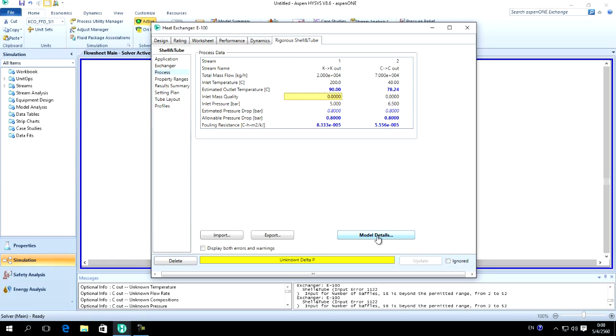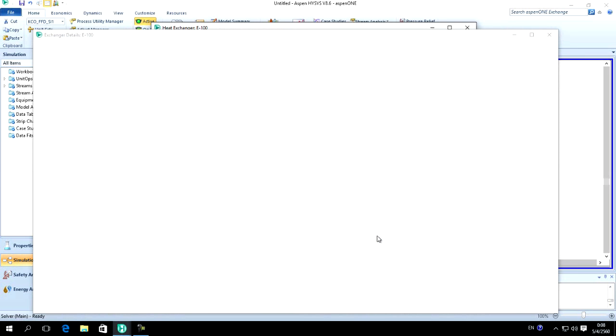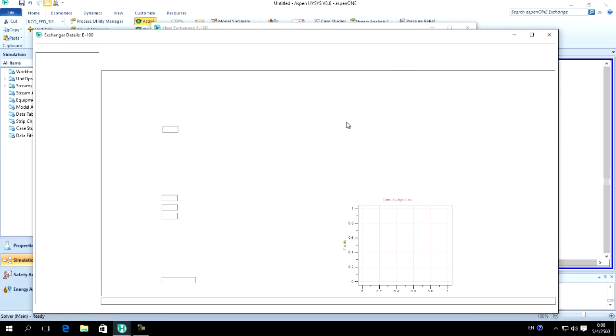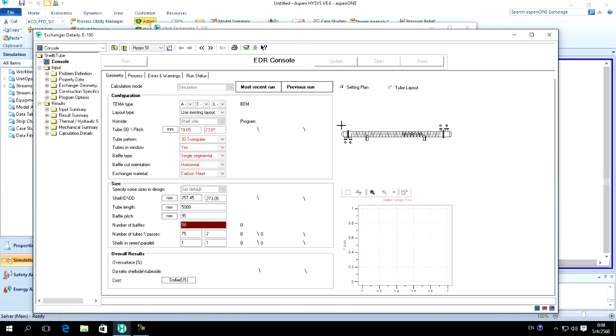Okay, I can go then to the model. Let's check what the calculation results are.